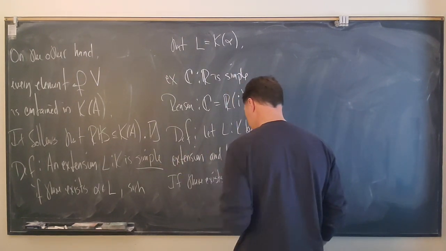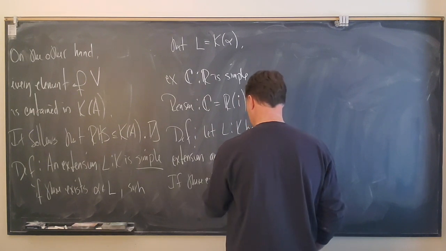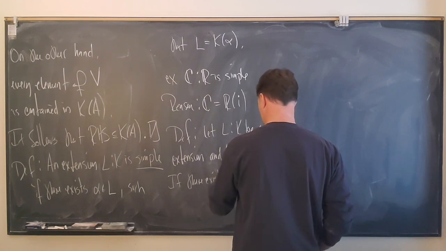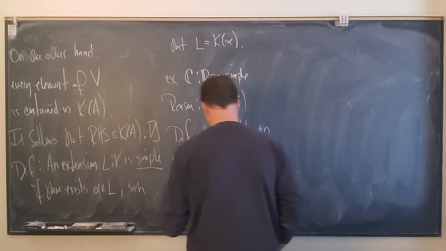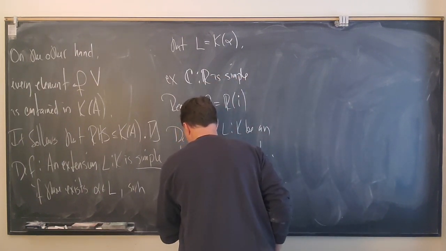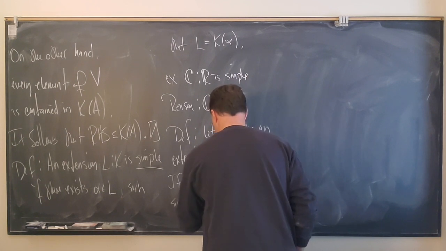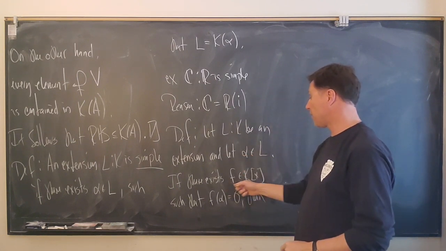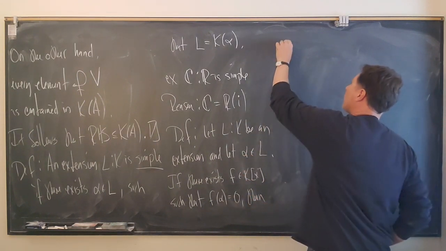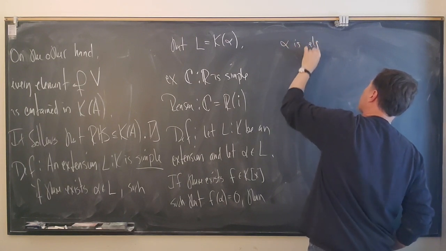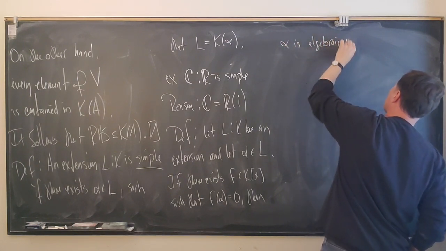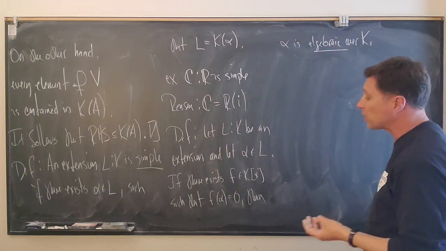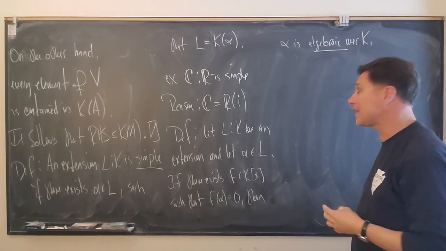If there exists some polynomial, say f in K bracket x, such that f of alpha is equal to 0, so if alpha is a root of some polynomial in K bracket x, then alpha is algebraic over K. If no such polynomial exists, then we say that alpha is transcendental over K.